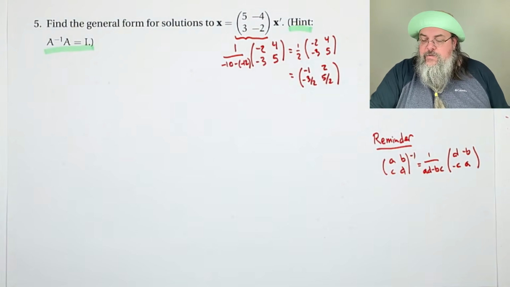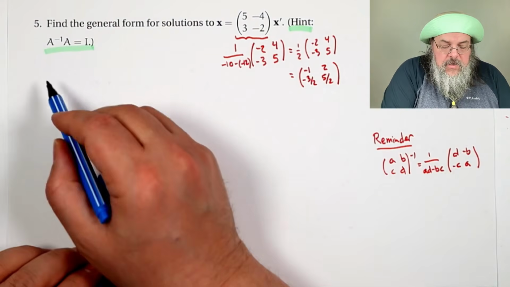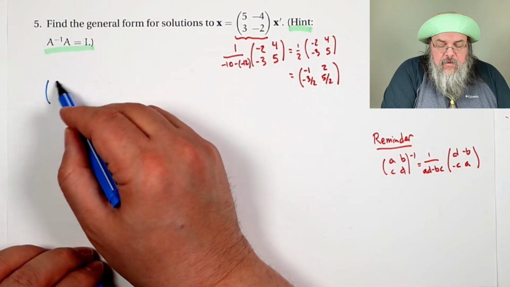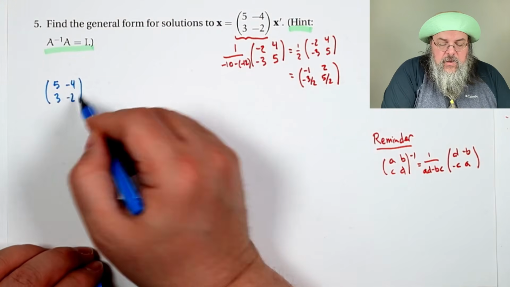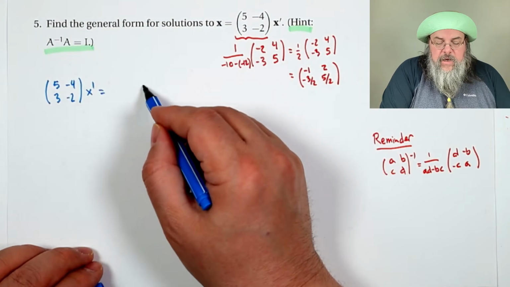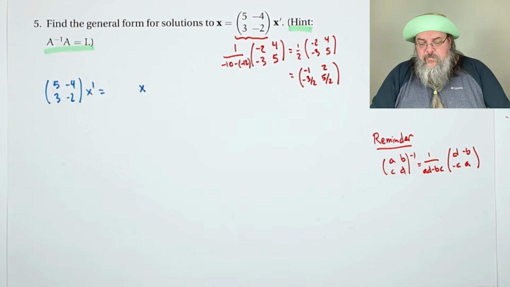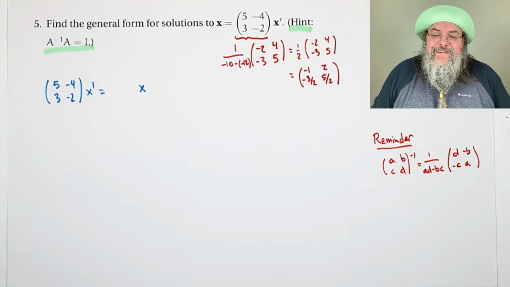Now, why do all of that? Well, here's the reason. We can start with our original equation. I'm going to flip the sides. 5 minus 4, 3 minus 2, x prime equals x. There's a reason I put a gap in there, because we're going to do something to it.